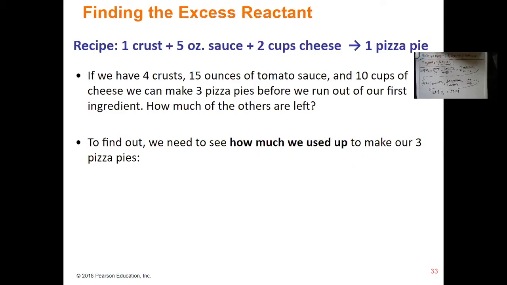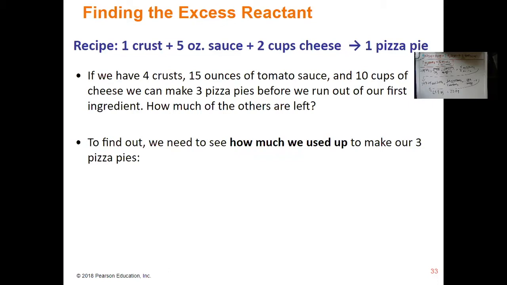If we want to know how much of each of the other components we have left over, the first thing we need to do, and star this bold line here because this step seems to elude people, is see how much of each reactant we used up to make our product.